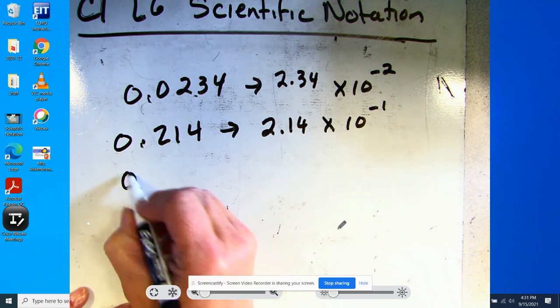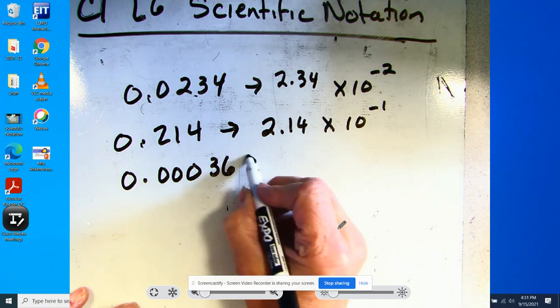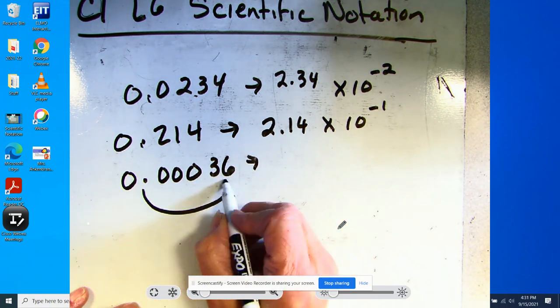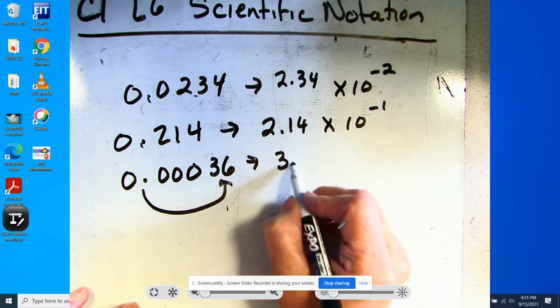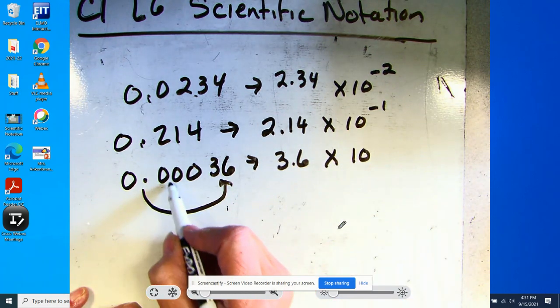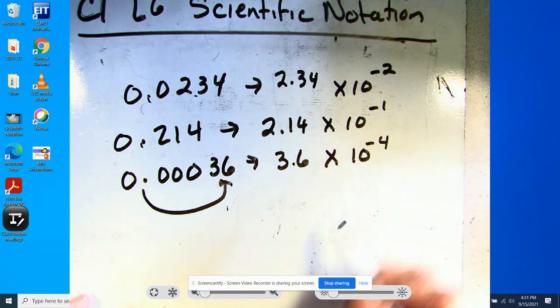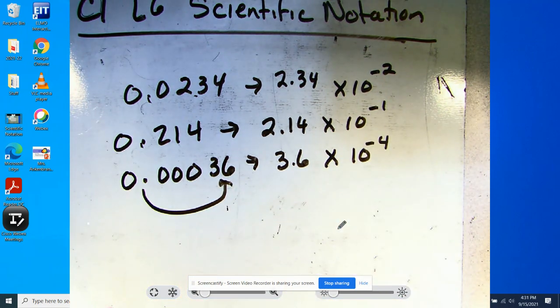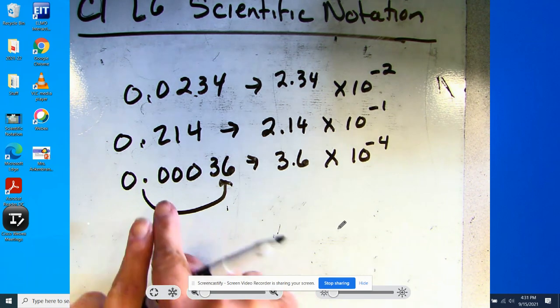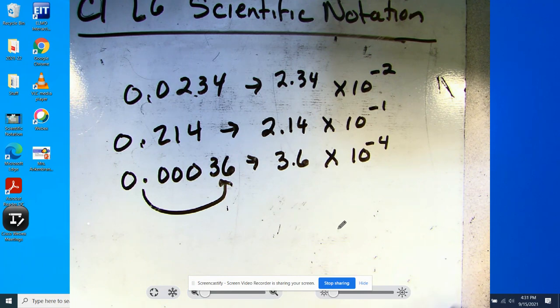What about 0.00036? Again, we're going to move the decimal to between the first two digits, so 3.6 times 10. We moved it 1, 2, 3, 4 places. We need it to make the number smaller. We put a negative there. Standard form, scientific notation. Okay?